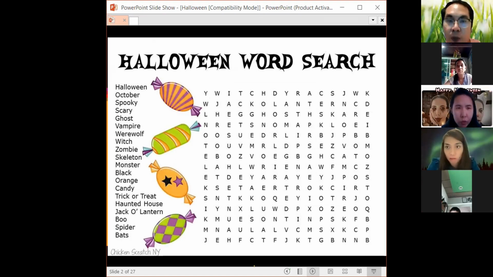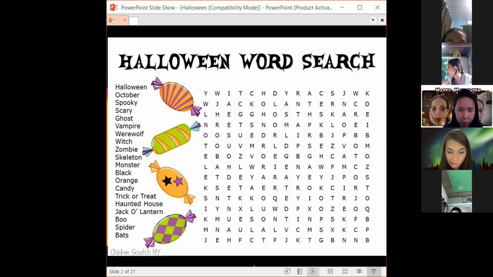Halloween, October, spooky, scary, ghost, vampire, werewolf, witch, zombie, skeleton, monster, black, orange, candy, trick or treat, haunted house, jack-o'-lantern, boo, spiders, spider, and bats. Okay? So later we're going to discuss those words in our discussion. Very good, students. Thank you, teachers, for participating in my activity.